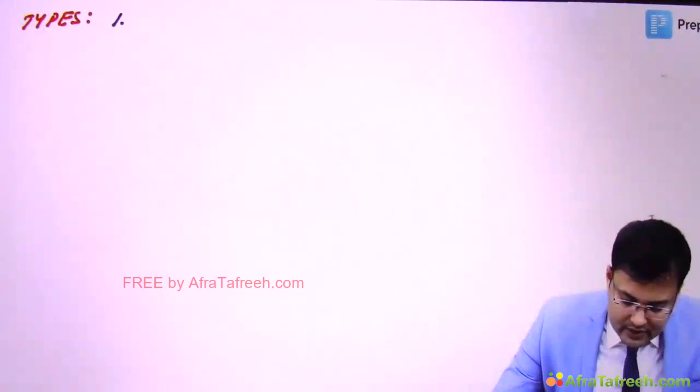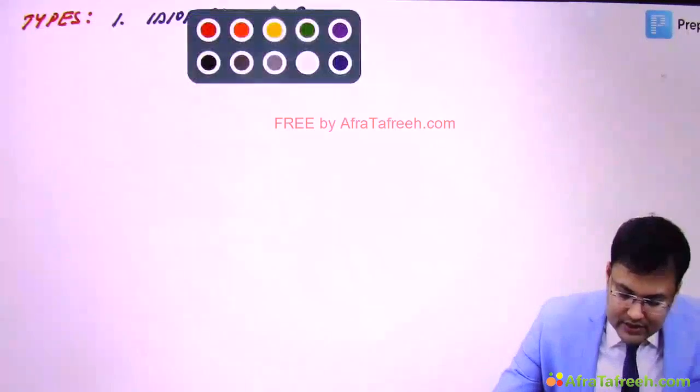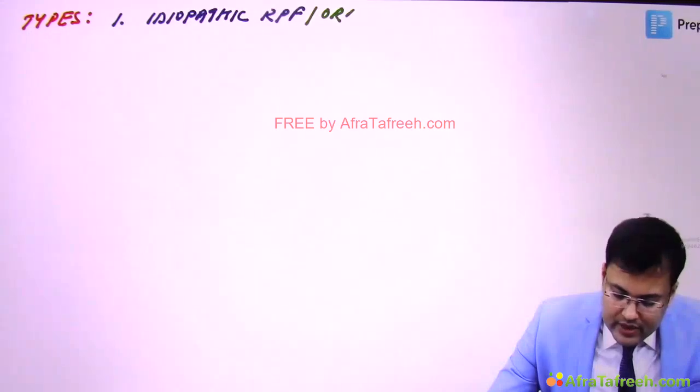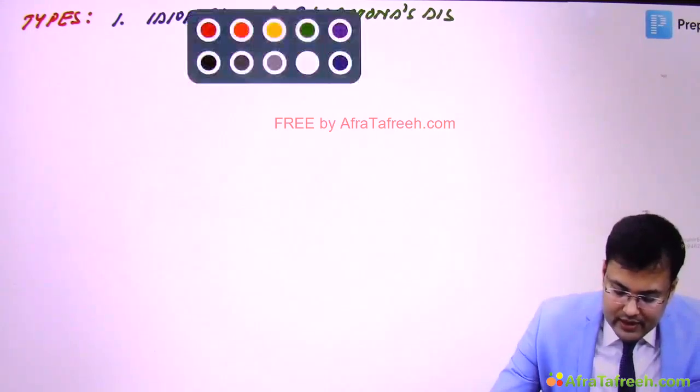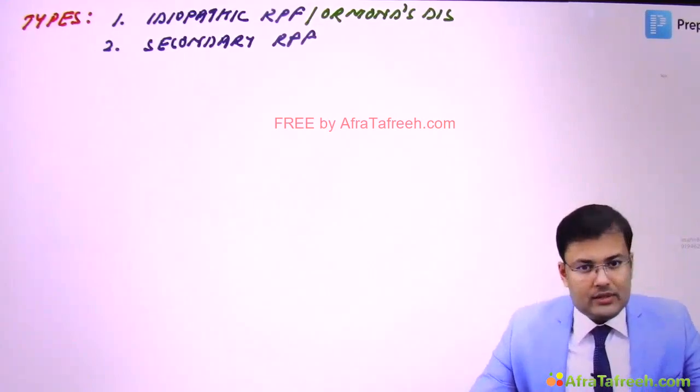First is idiopathic or primary retroperitoneal fibrosis. This is the question, known as Ormond's disease. Clear? And the second is secondary. This is the secondary retroperitoneal fibrosis. Clear? So it is secondary to something.